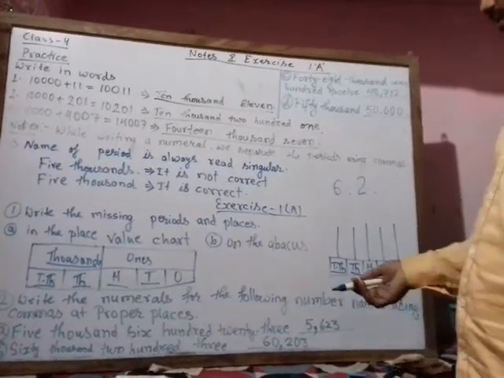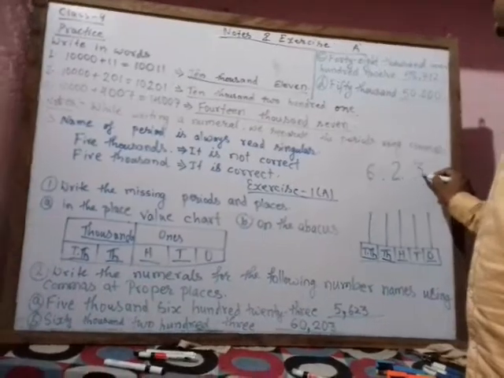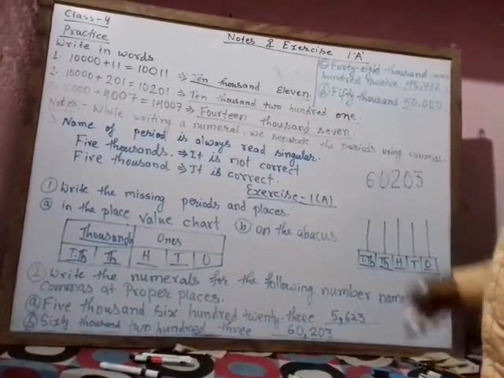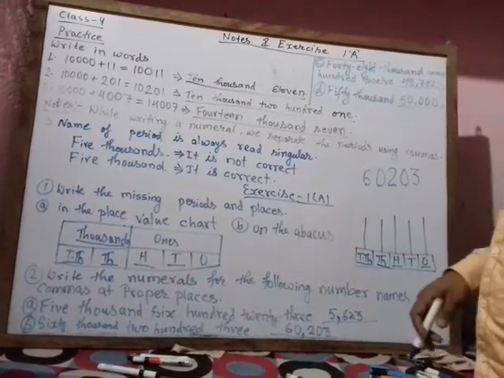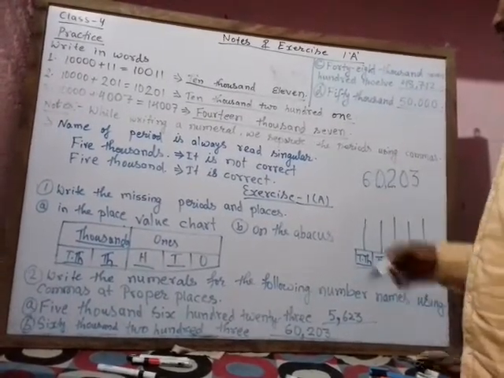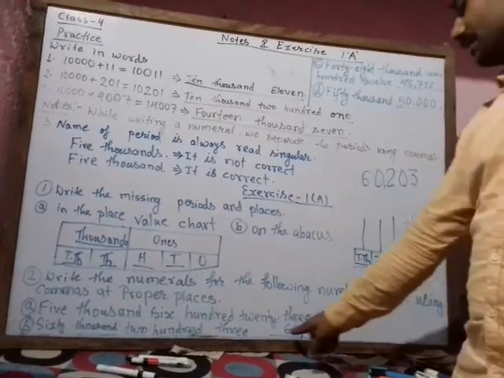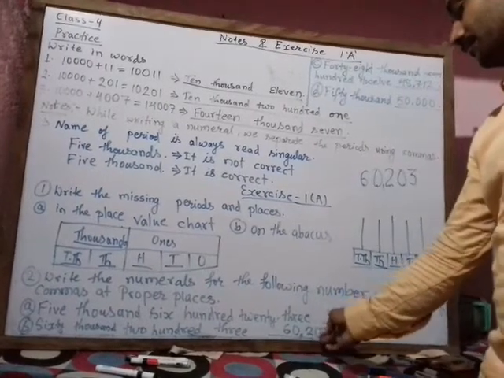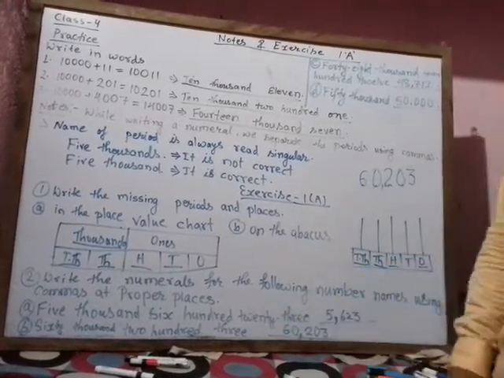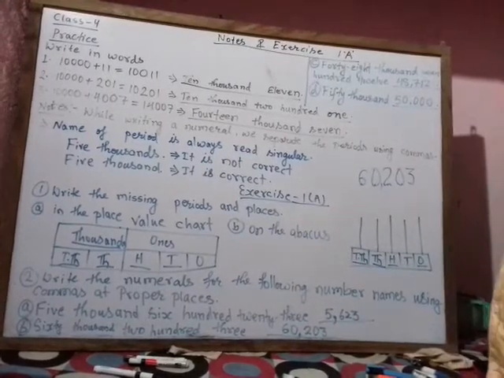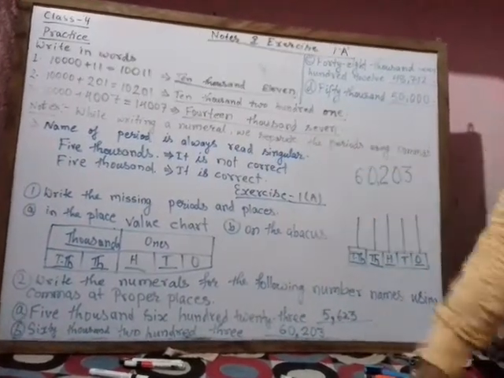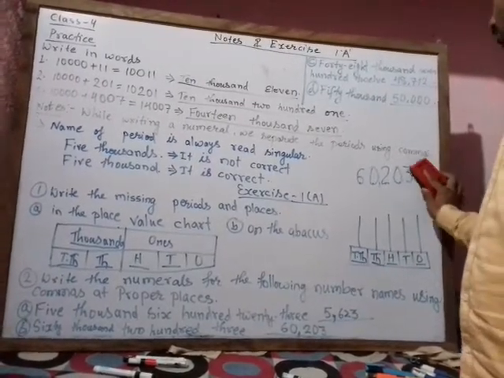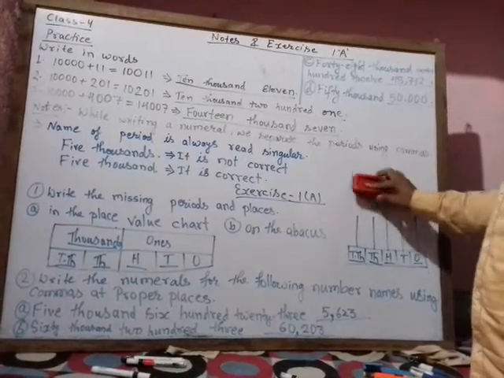Tens is not there, 3 units is there, so 3 we will add. Now where the gap has been left, we will keep 0. So it becomes 60,203, and after ones again we keep a comma. Same thing I have done over here. After 60 we kept a comma. 3 digits from the right side towards the left side, that becomes the comma. So after ones we have to keep a comma.